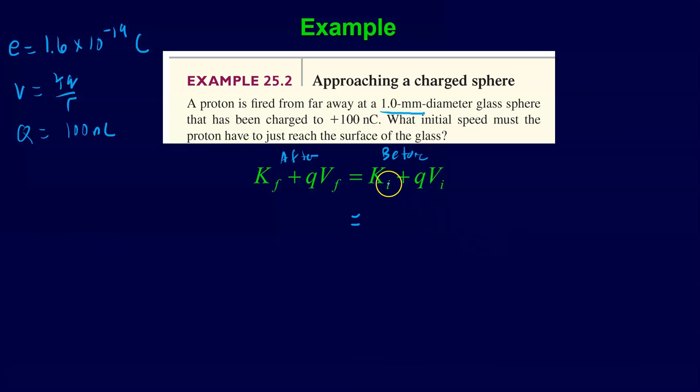And so let's look at this and think about the before. So these formulas here, you would have 1/2 mv squared, where this would be the initial velocity, and then plus, now over here, if you remember this equation, the q is the q that's moving, and so I'm going to call that E. That's just our fancy way of writing the charge of either an electron or a proton.